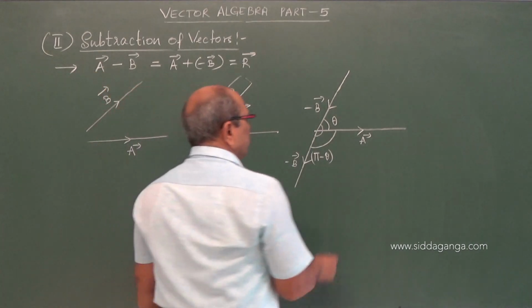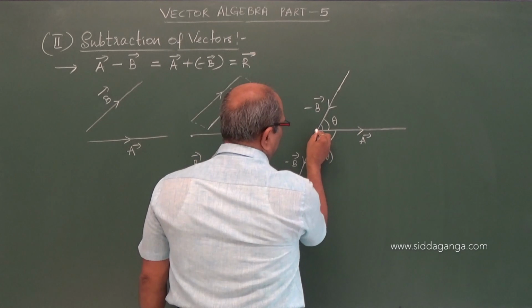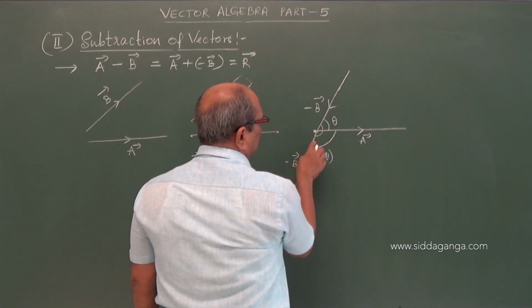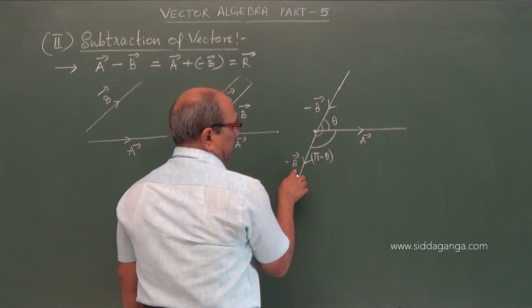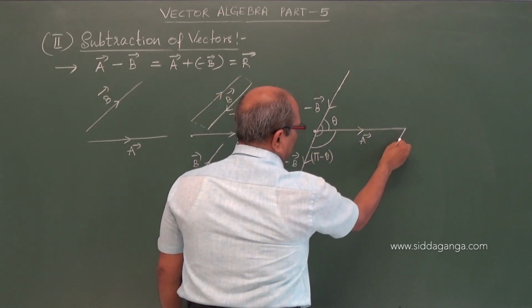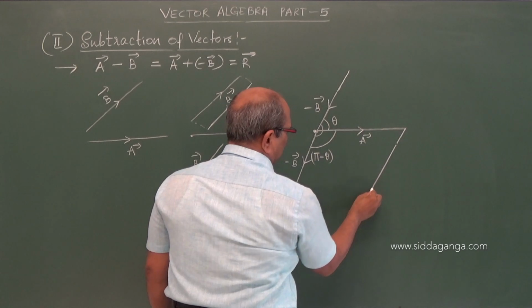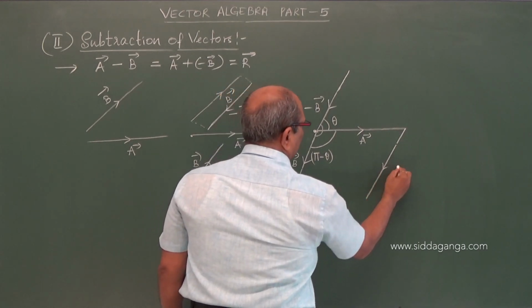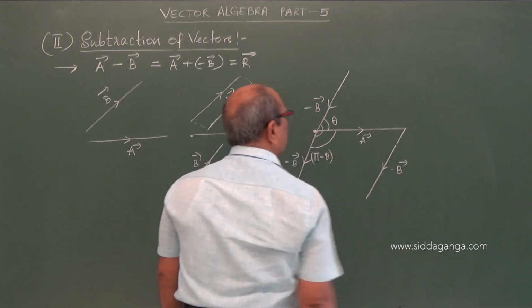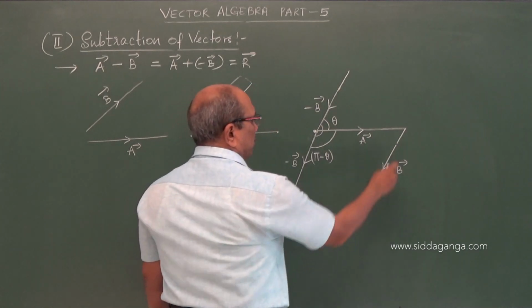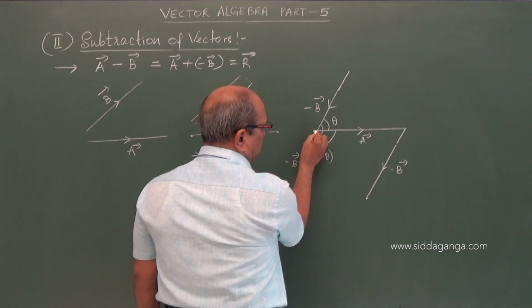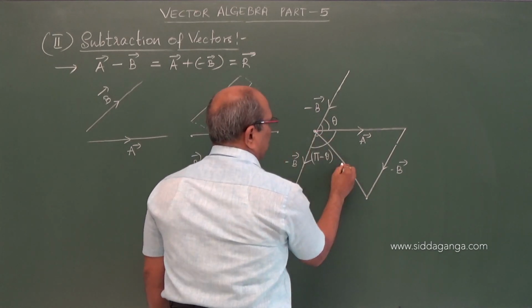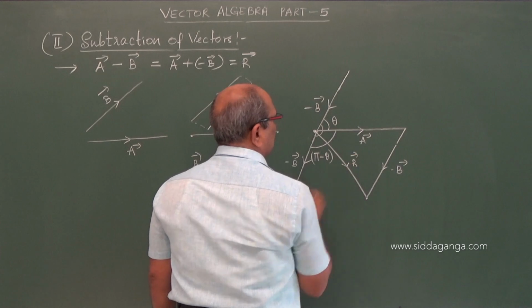Now, in the tip-tail method, tail is also tail, so the tip of the first vector must be joined to the tail of the second. Therefore I take this vector B to this position. Now the tip of the second and the tail of the first are joined. This gives you the resultant R.